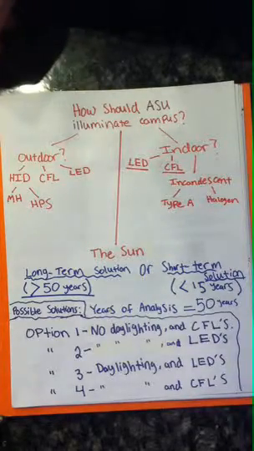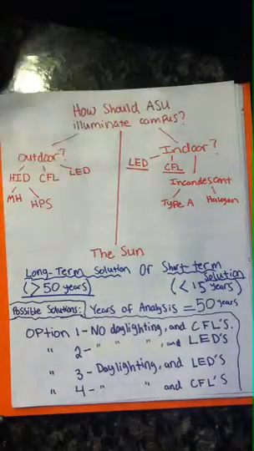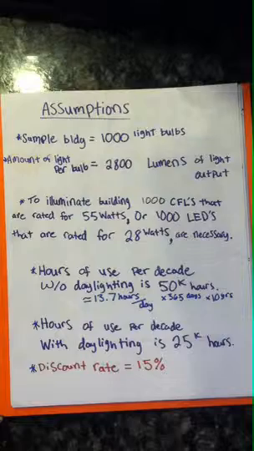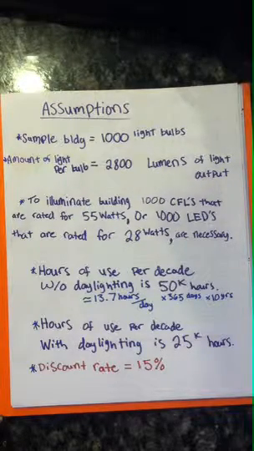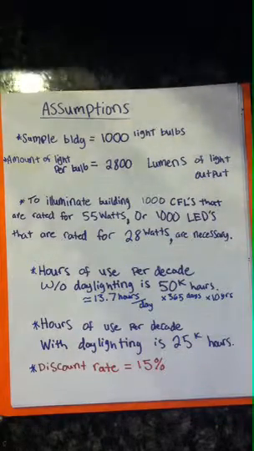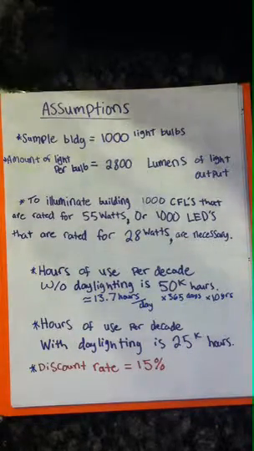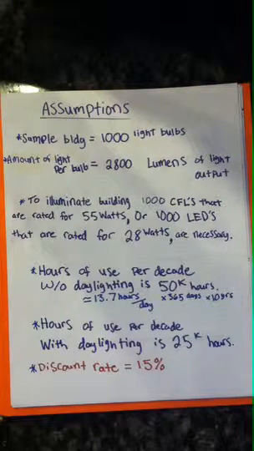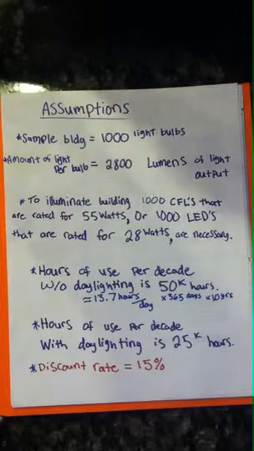So we had to define the years of analysis, and how that will play out is seen in the calculations. So here's some more assumptions we had to make in order to get through the calculations. And at the bottom there you see the discount rate, which is written in a different color because this is the most subjective thing on here.